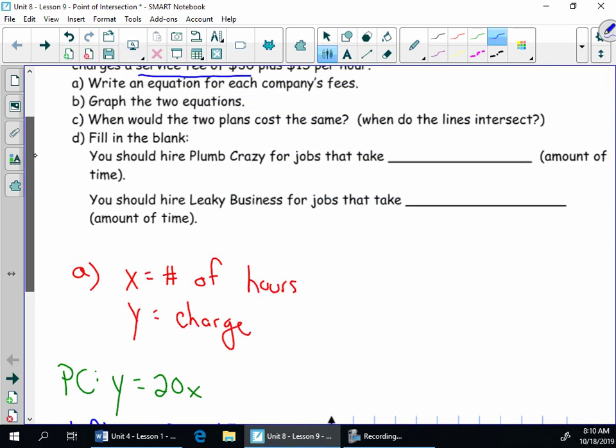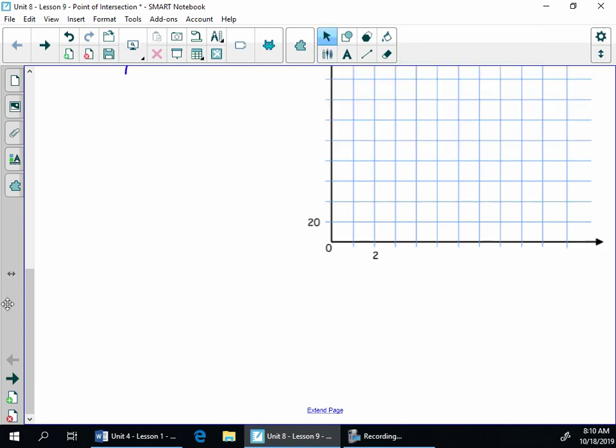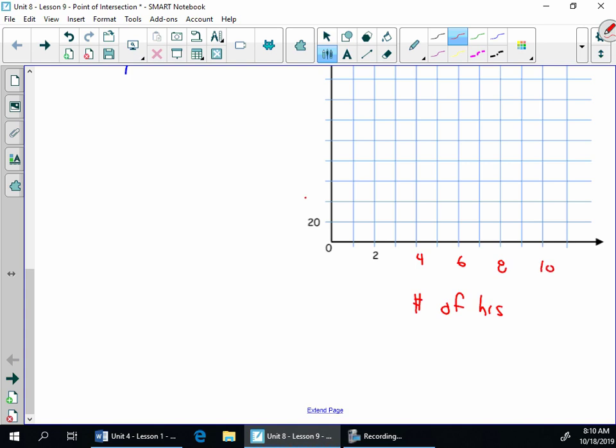Okay. Let's graph these two equations. So we have our graph down here. We'll add some numbers to it. So number of hours, 2, 3, 4, 5, 6, 7, 8, 9, 10. Our pattern over here is going by 20s, it looks like.